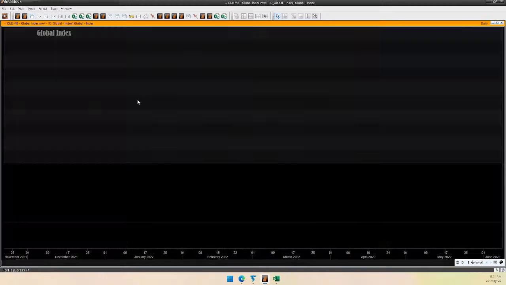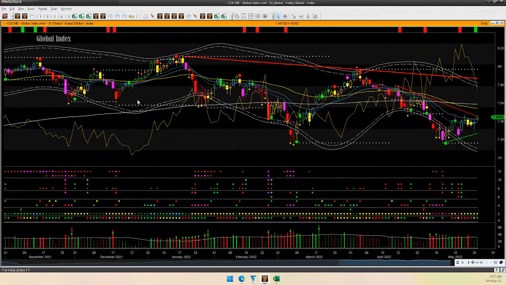And if we look at the global index as a whole, the custom global index, it is also inside a triangle pattern, and on Friday it closed just below the trendline resistance with a candle that has both upper as well as lower tails.